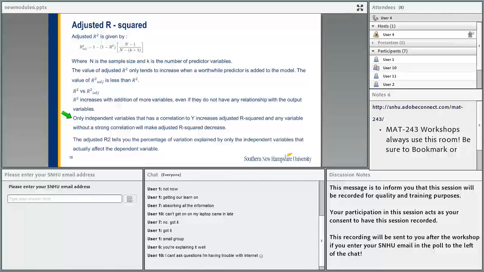So the moment I add a new predictor variable and my adjusted R squared value decreases from what it was before, it just means that the predictor variable I have added is not good enough in predicting my Y values. It's not very helpful. So the adjusted R squared tells you the percent of variation explained by only the independent variables that actually affect the dependent variable.